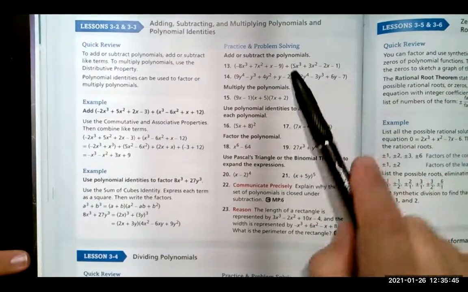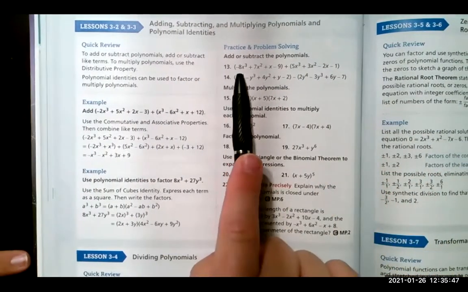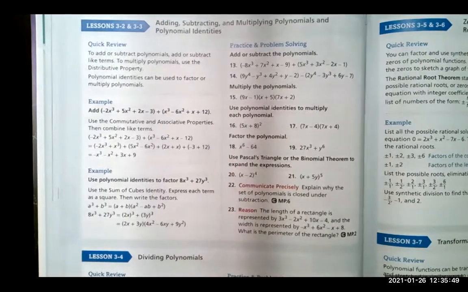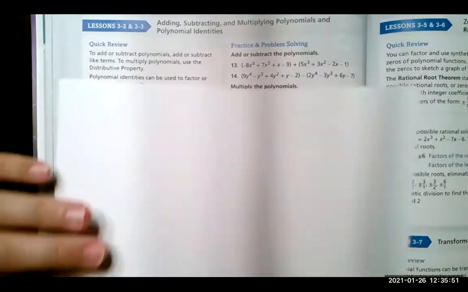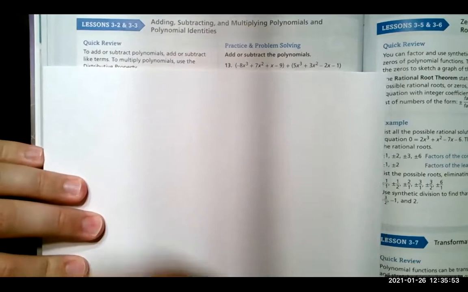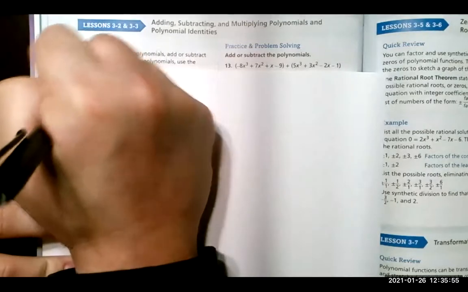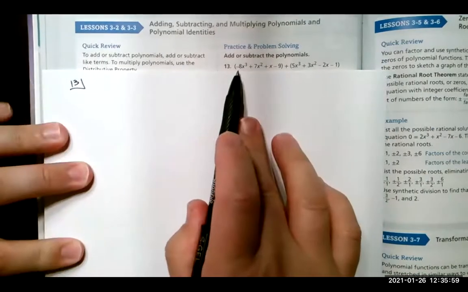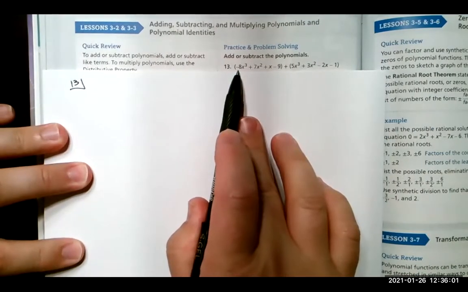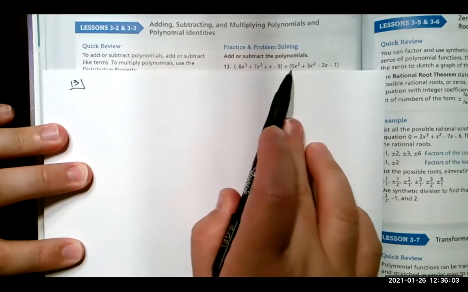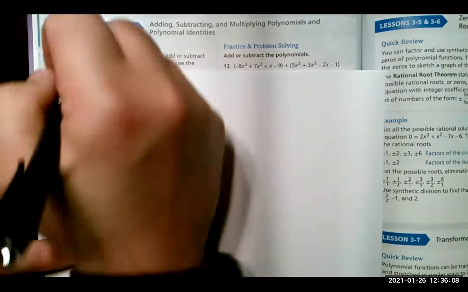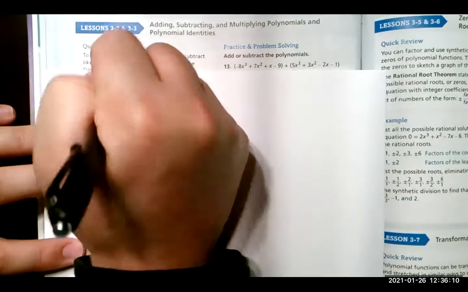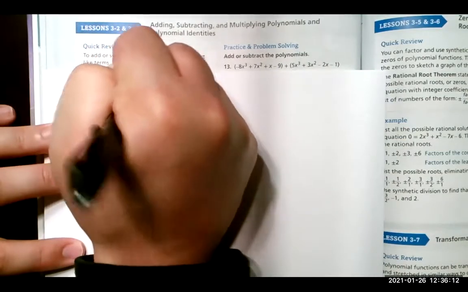So the first one, number 13, add or subtract these polynomials. So let's go ahead and get these written down. Negative 8x cubed, I know I can only add that to other x cubes, and it looks like I do have one. I've got a 5x cubed there. So negative 8x cubed plus 5x cubed.